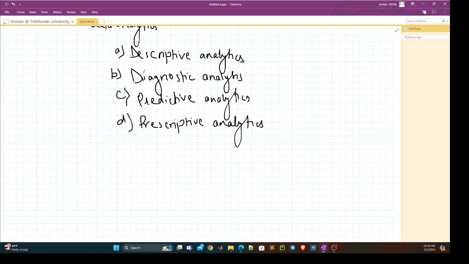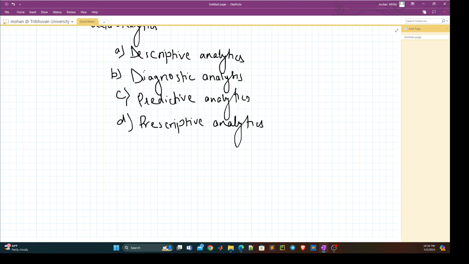In predictive analysis, we provide the historical data to some predictive algorithms, and we generate a model. Then we provide new data to this model, and we get out the predictions, right?